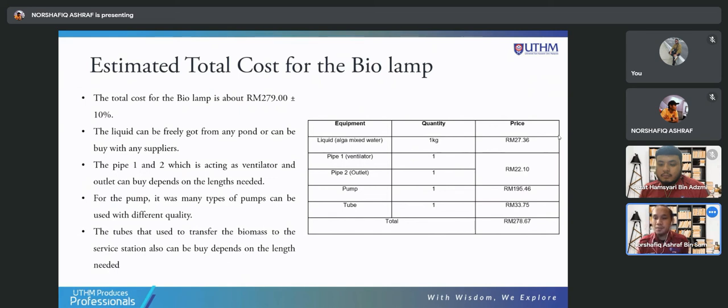The pump is quite expensive because it is one of the important equipment, which is 195 ringgit and 46 cents, and the tube is 33 ringgit and 75 cents. So the total is around 278 ringgit and 67 cents.